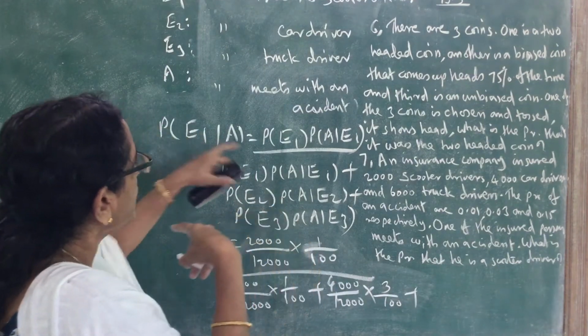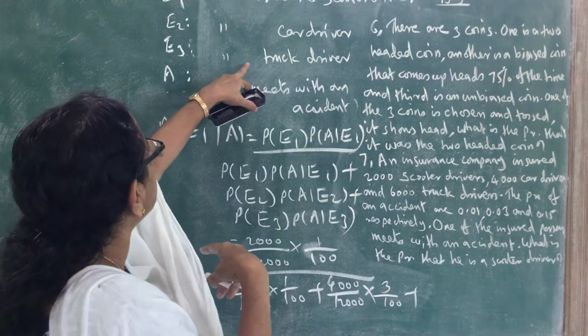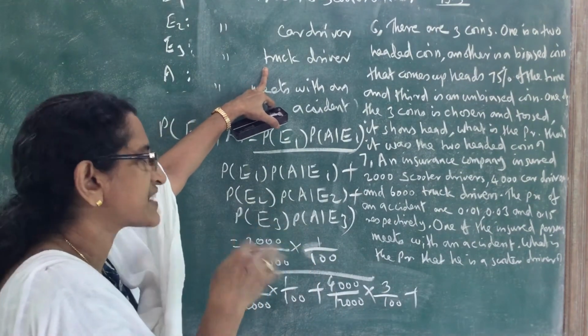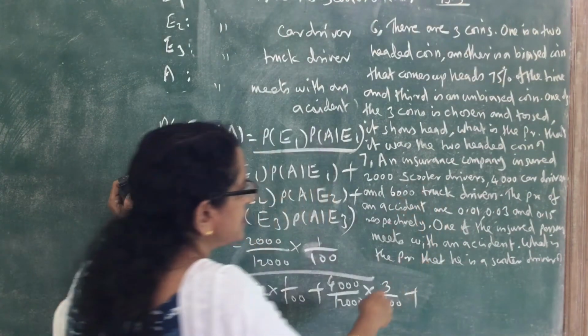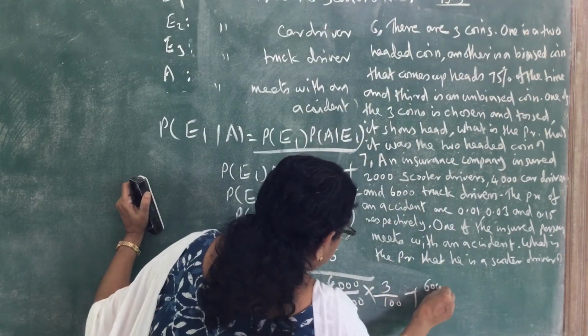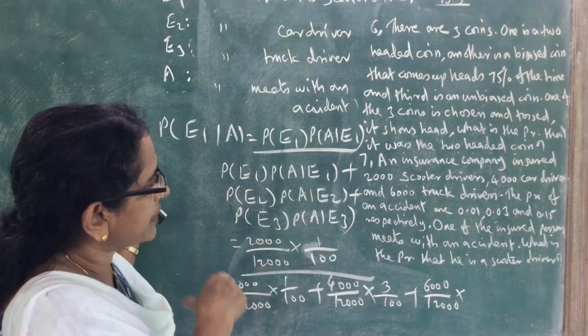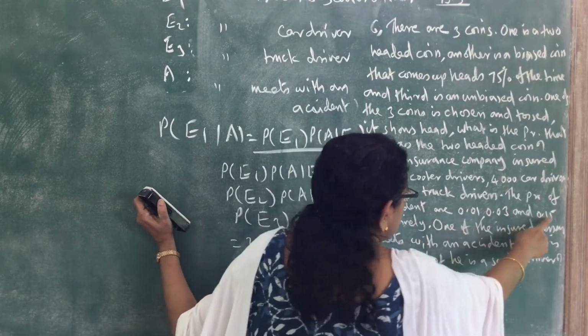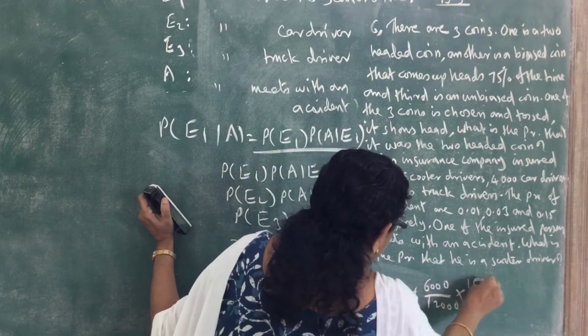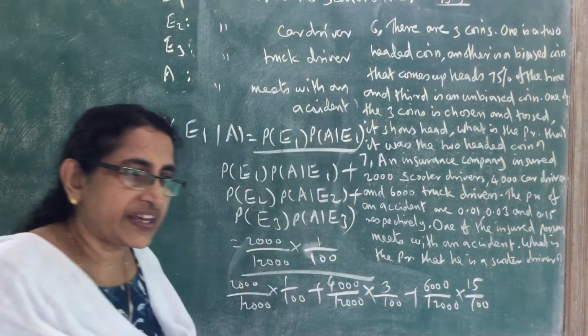Then probability of E3. That means the probability that the insured person is a truck driver. That is 6,000 divided by 12,000 into, for a truck driver accident 0.15, that is 15 by 100. Now we can simplify.